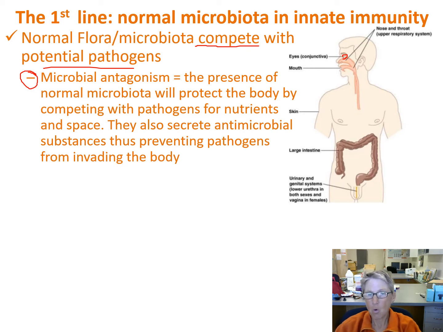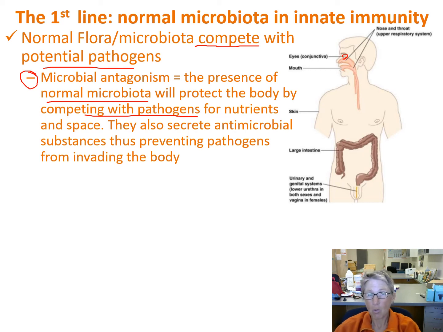So if you have normal or resident microbiota on you, those microbes will protect you by competing with potential pathogens for nutrients and space. So if the normal microbiota is sitting there, they're not doing you any harm, they're taking up space and they're using nutrients, and if a pathogenic microbe tries to come in, there's no room for them.